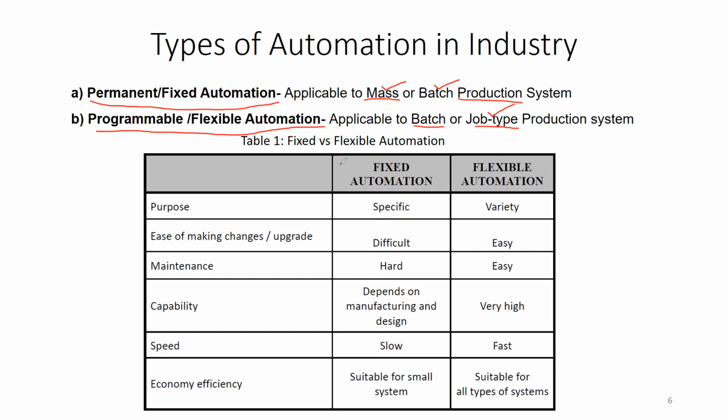So everything remains fixed. So for a fixed system, the machine tools which are placed will be fixed. The material movement will also be fixed.